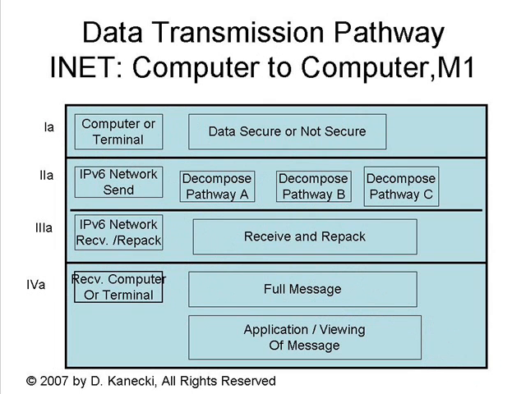Now, when we consider the data transmission pathway from internet, computer to computer, you can see there are 4 levels. There's computer or terminal, internet protocol v6 send, internet protocol v6 receive, and receive local computer or terminal.